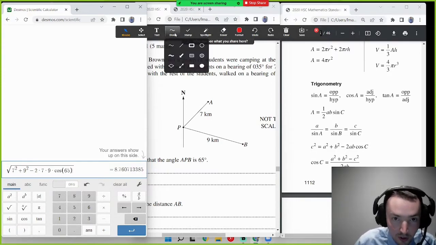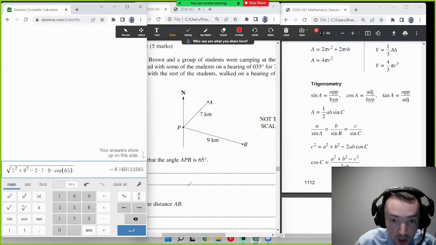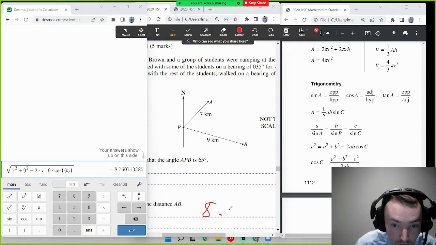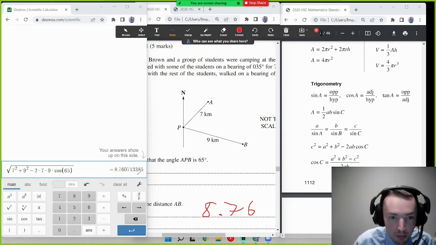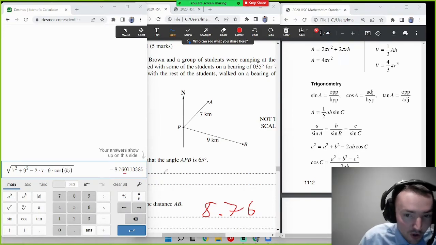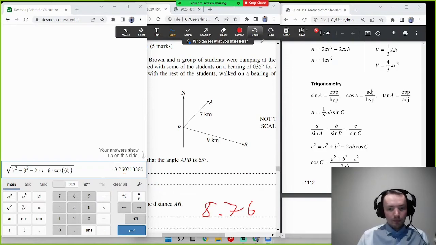Our answer is 8.76. We'll go to 2 decimal places, 8.76. Since the third decimal is 0, we don't have to round up. So the answer is 8.76 kilometers. Okay, cool.